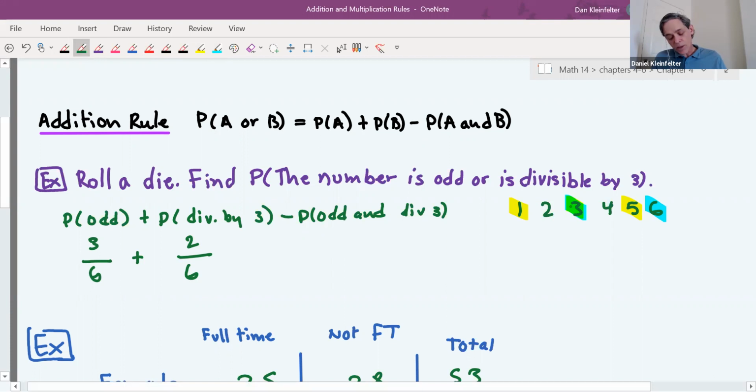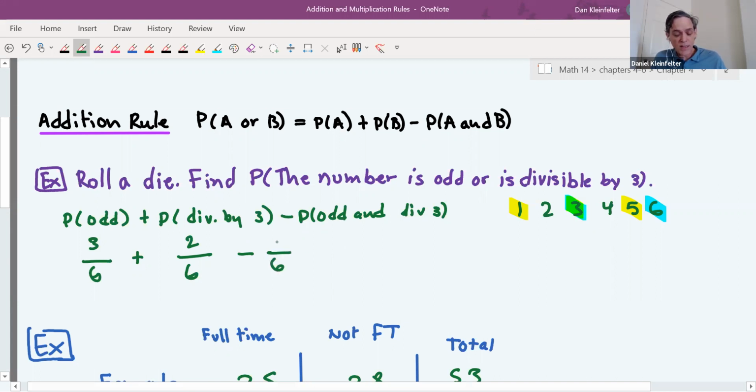Now you'll notice when I highlighted those that the number 3 was highlighted twice, and that's because it meets both qualifications. It's both an odd number and also divisible by 3. So we don't want to double count that, right? And so that's the reason for this last term, subtracting the probability of getting a number that is odd and is divisible by 3.